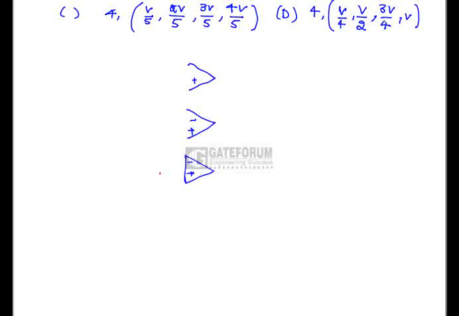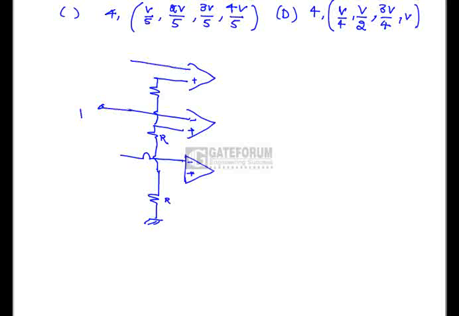Now, here is a resistor R, another resistor R, another resistor R. This is the analog voltage. This is the reference voltage VR.